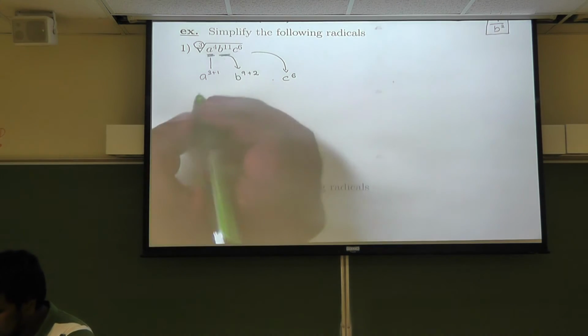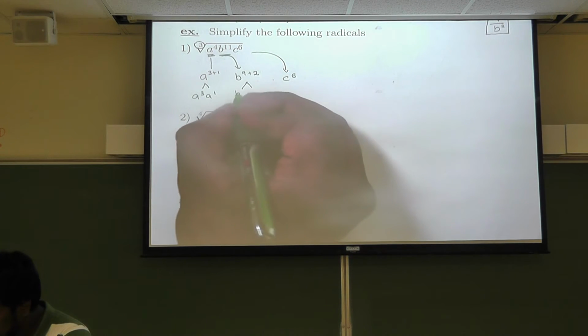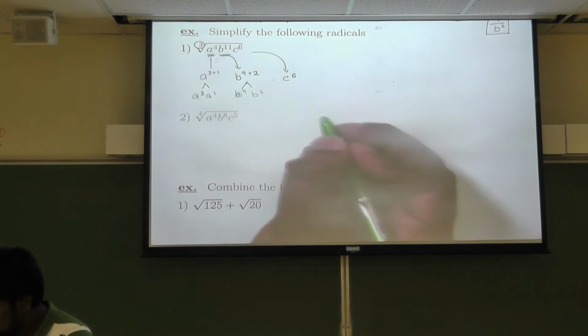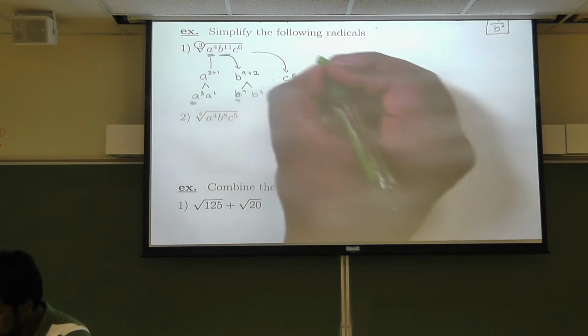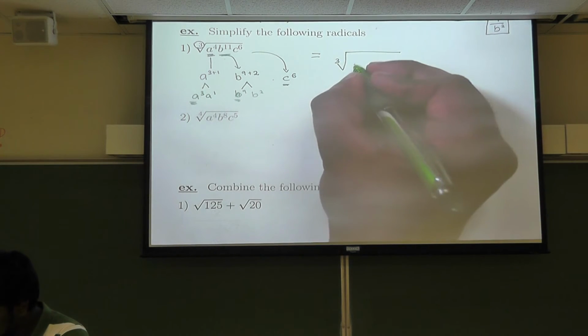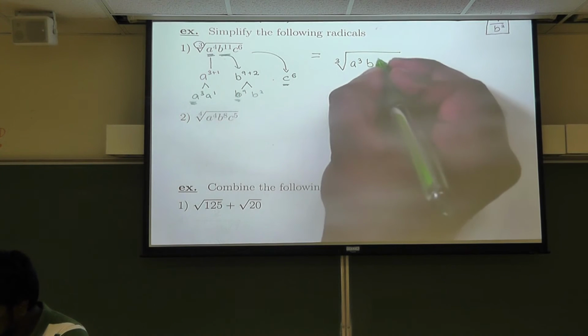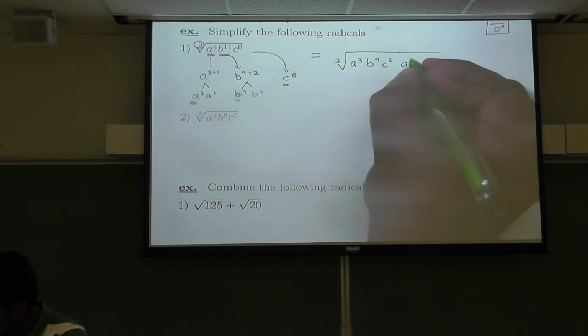That can be split as a to the 3, a to the 1, and this can be split as b to the 9, b to the 2. So this is the same as the third root of a to the 3, b to the 9, c to the 6, times a to the 1 and b to the 2.